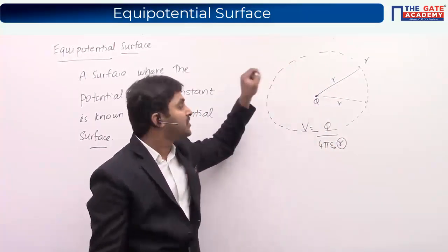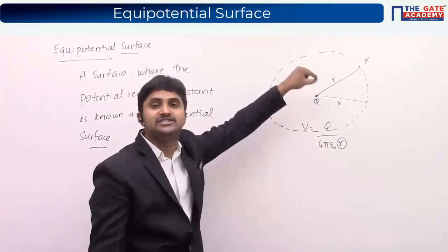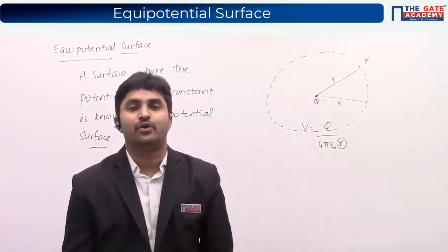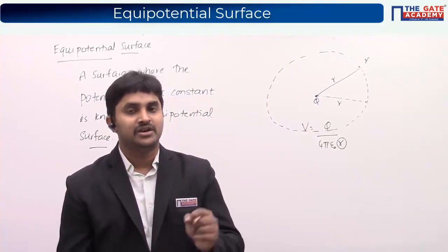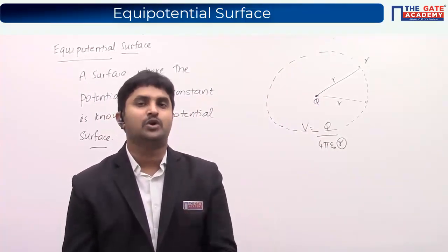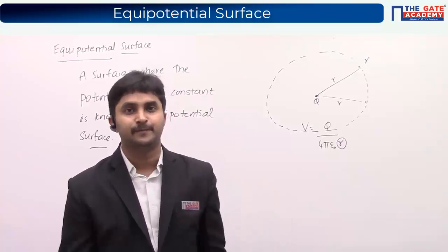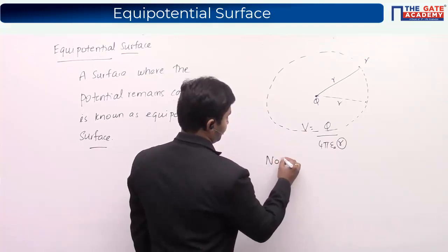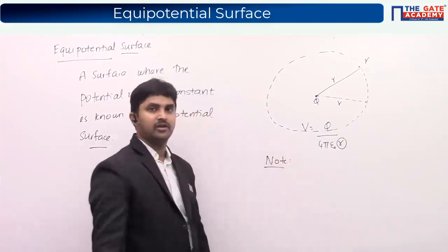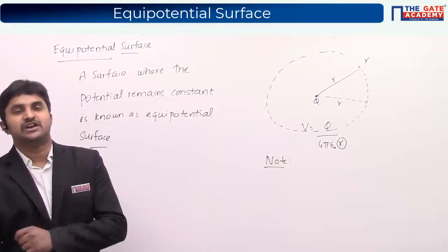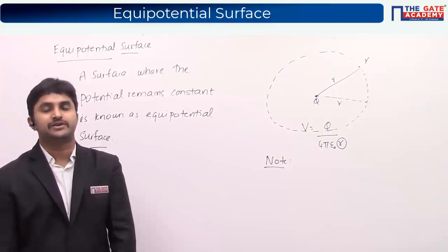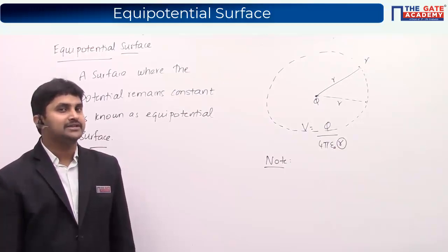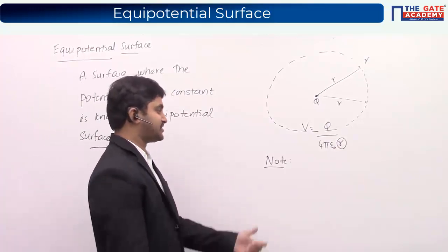It means that if I consider a point charge, then what would be the equipotential surface for it? The equipotential surface for the point charge is a spherical surface.